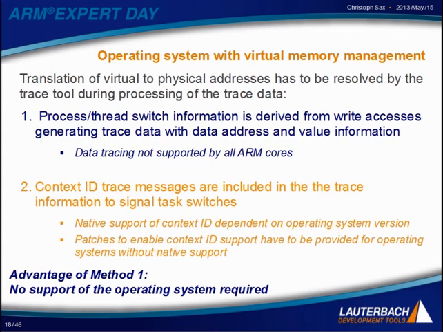This register can be used by the operating system to store the current context information of the operating system, and the trace can be configured in a way that it emits so-called context ID trace messages. These messages indicate these context switches, and so we have the information that we require for the trace processing.